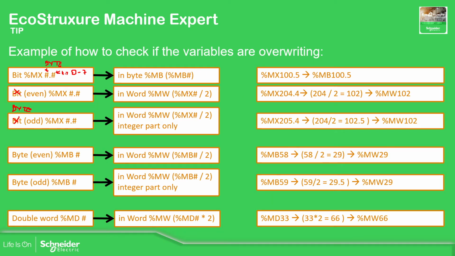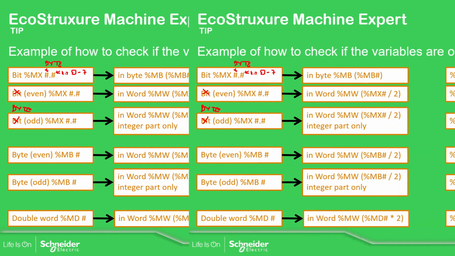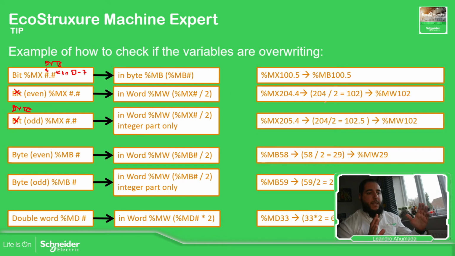So we just need to use the integer part, so we just divide by 2. And we have the possibility to use the %MW over here. And then I'm going to explain how to find inside this word the exact bit. This is just to have an idea that the addresses are not overwriting.